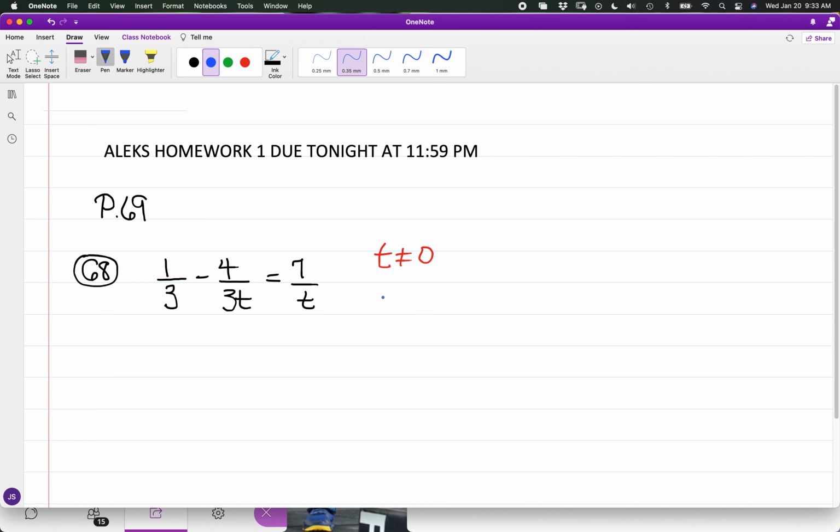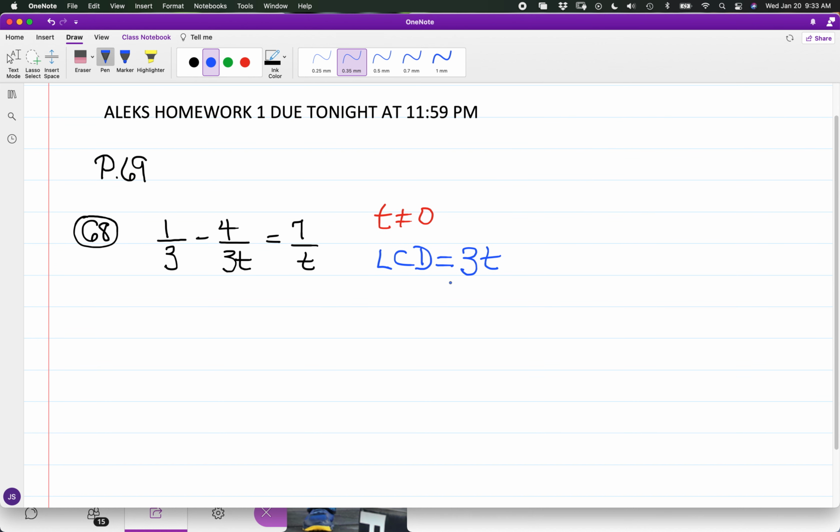And for the least common denominator, the smallest term that both 3 and t will go into will be 3 times t. And so, picking up with the least common denominator, we multiply all the terms in the equation by 3t.